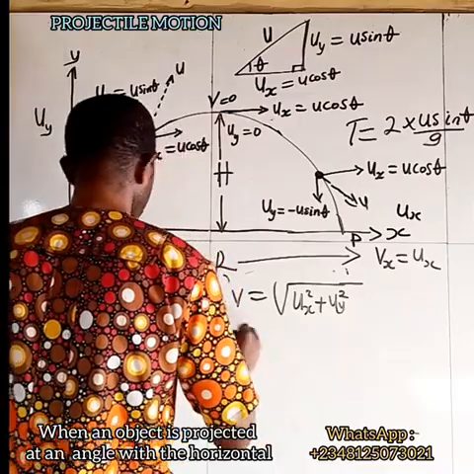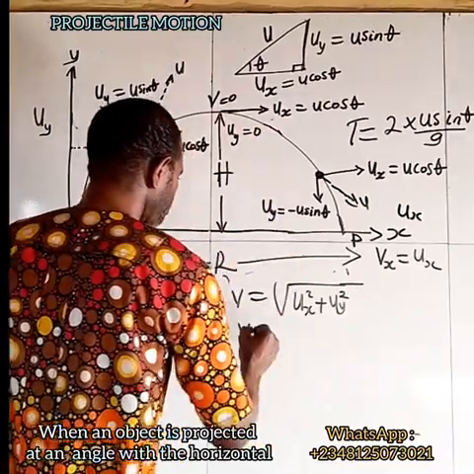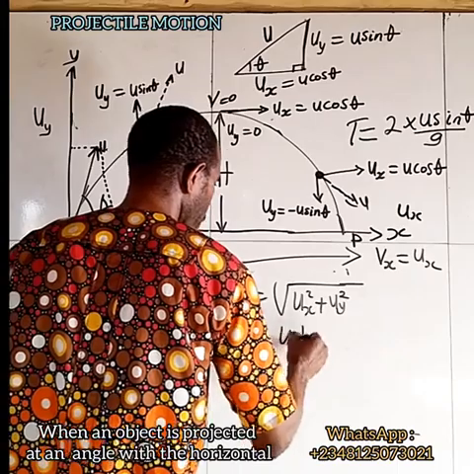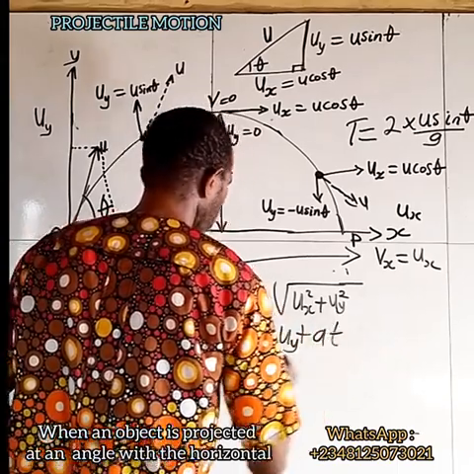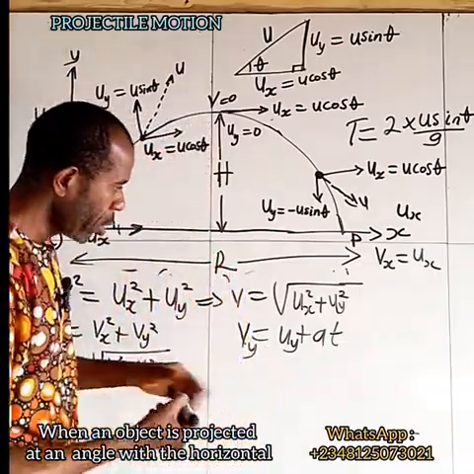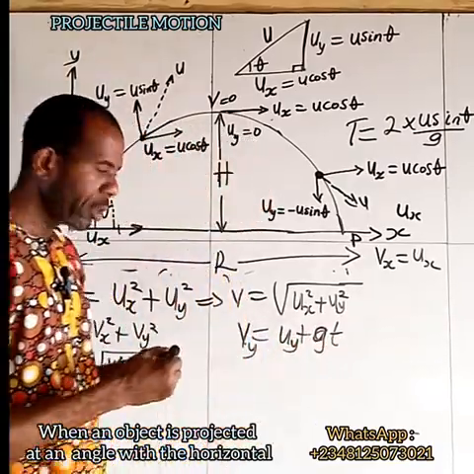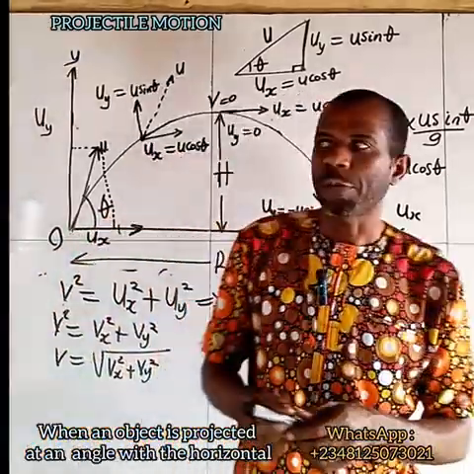Remember that as the object is projected upward, we have v equal to uy plus at. So this is now vy, and this at becomes g as usual. Now, this time is a time that will be given to us for the projection.